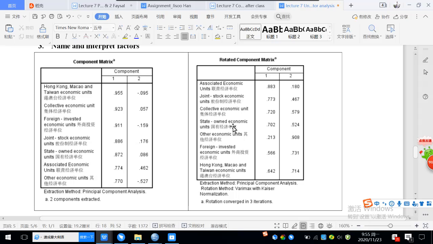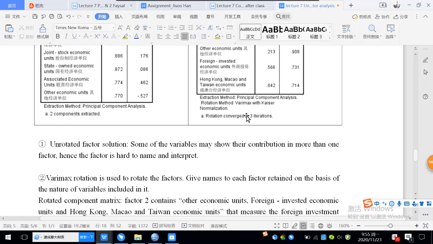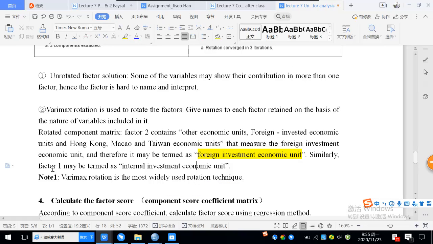All of these economic units are the internal. So this factor can be named as internal investment economic unit.